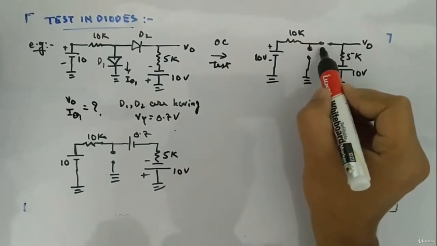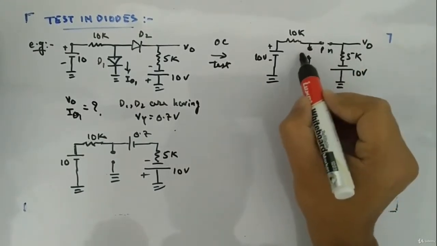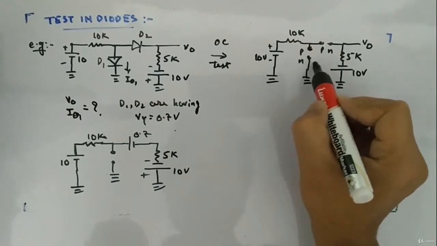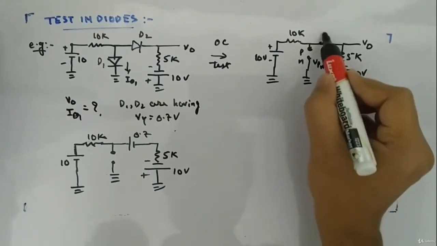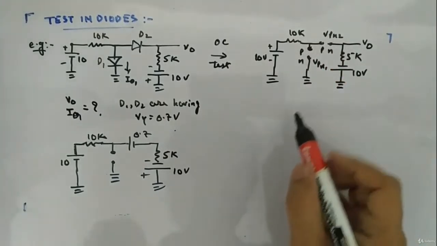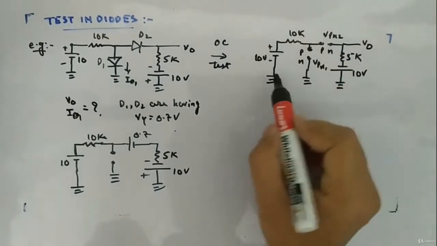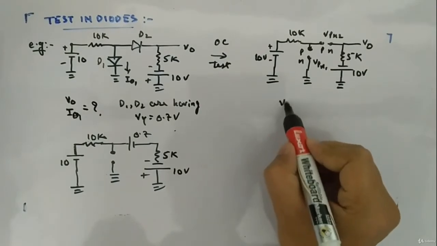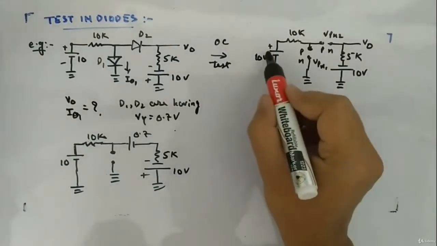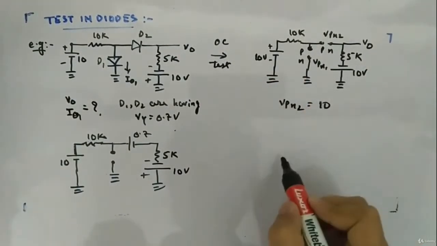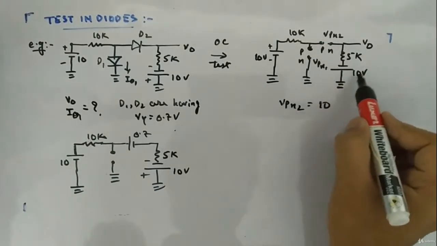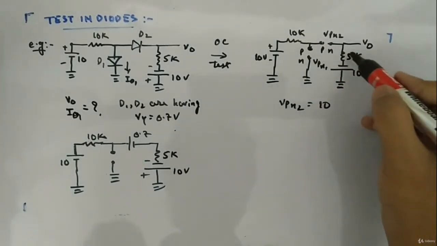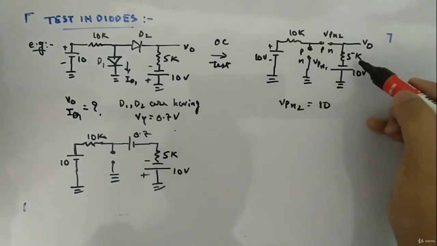So let's say this is PN, so this is Vpn1, Vpn2. Vpn1, if we want to calculate, then this is connected to 10 volt. Vpn2 we are calculating, so Vp is 10 volt, and this is connected to minus 10 volt. There won't be any current, so there won't be any drop across this 5k.